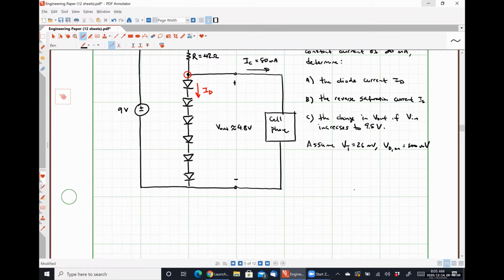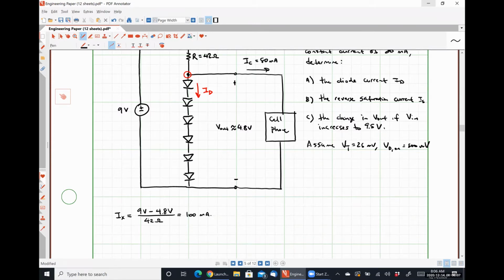So we can say IX is equal to 9 volts minus 4.8 volts over 42 ohms, which is 100 milliamps. I chose that resistor to give us something easy to work with.